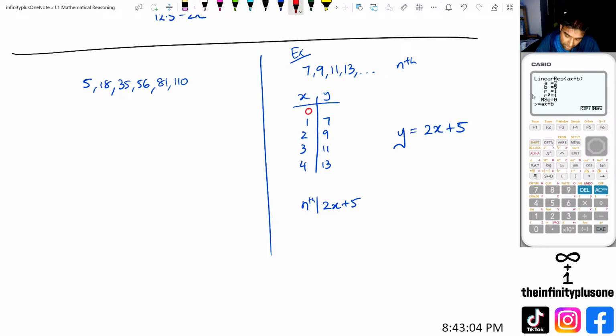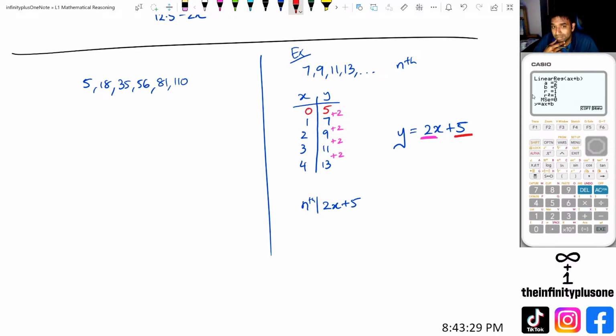So when x equals 0, or the 0 term, this is going to be 5. The reason it's going to be 5 is because all of these numbers are increasing by 2. And that increase by 2, that number goes here, and the 5 is from when x equals 0.